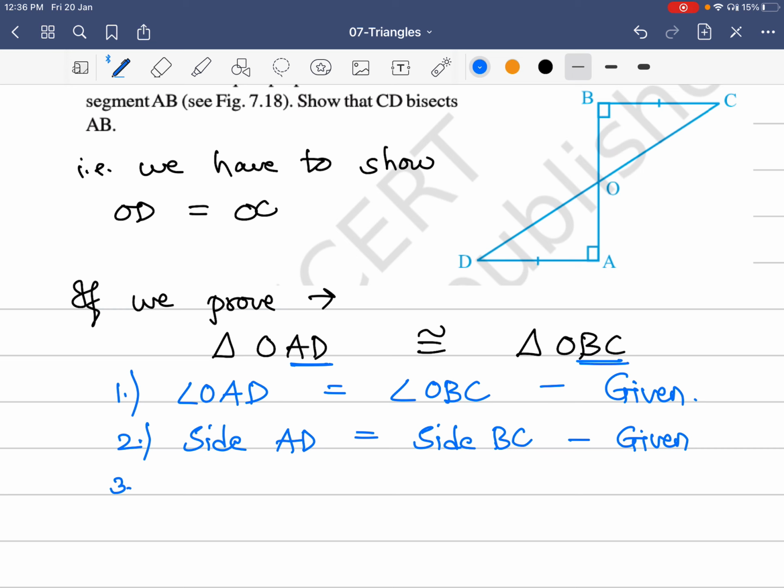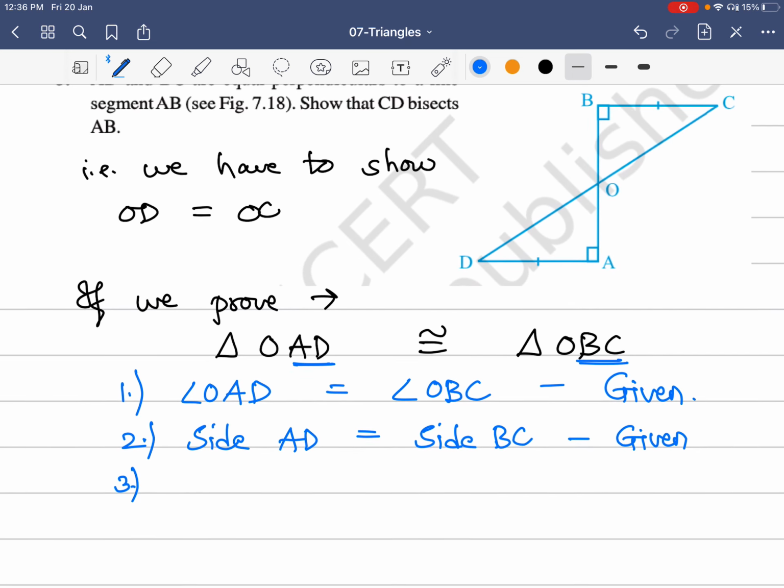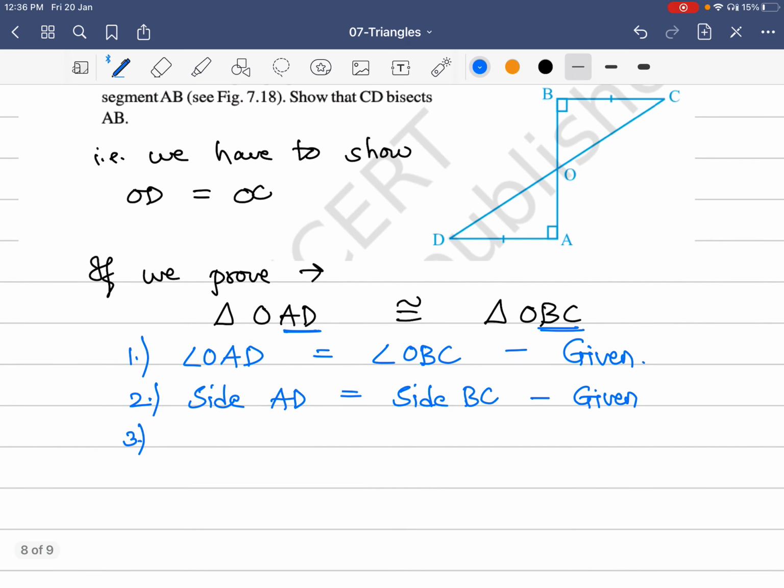And the additional third thing which we have figured out is the vertically opposite angles. So I'm going to say angle DOA, this is at angle O, is equal to angle COB. Why? Because they are vertically opposite angles.